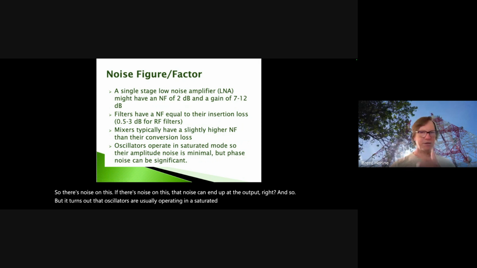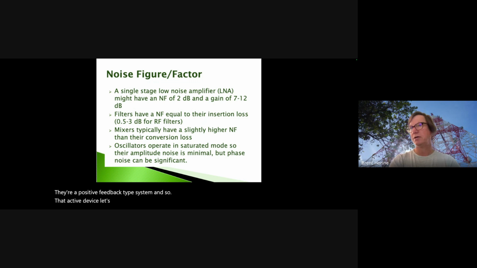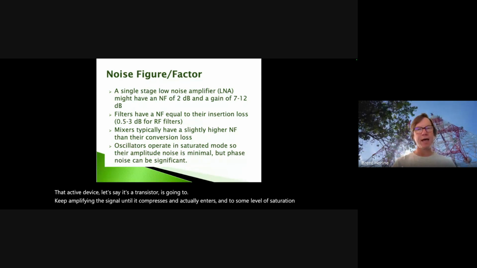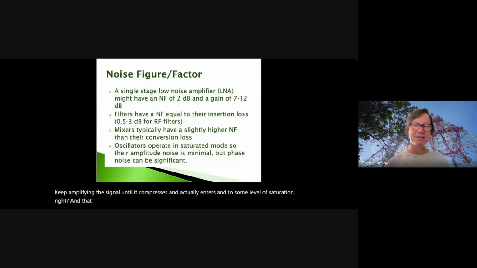They're a positive feedback type system, and so that active device, let's say it's a transistor, is going to keep amplifying the signal until it compresses and actually enters into some level of saturation, right? And that is actually kind of good because that means the noise is kind of saturated also, right?